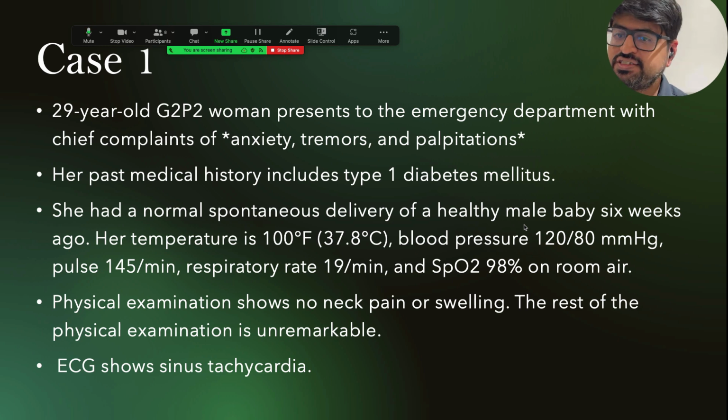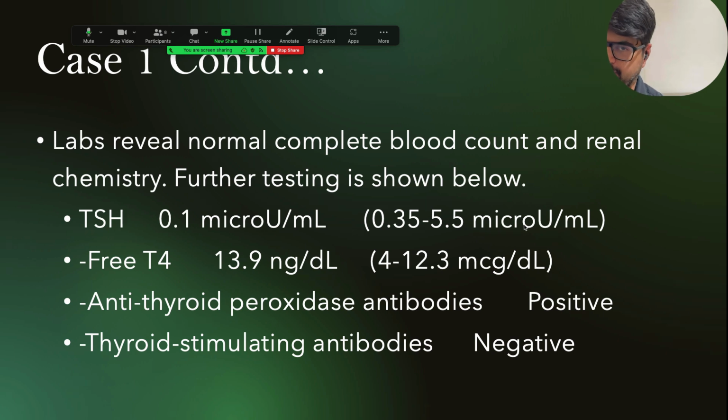She had a normal spontaneous delivery of a baby 6 weeks back. She has a temperature of 100, blood pressure is normal, but the pulse is high. Her SpO2 is 98%. On physical examination, there is no neck pain or swelling, and the rest of the physical examination is perfectly normal. ECG shows a sinus tachycardia. So this was a brief of the clinical case as the patient presents to the ER.